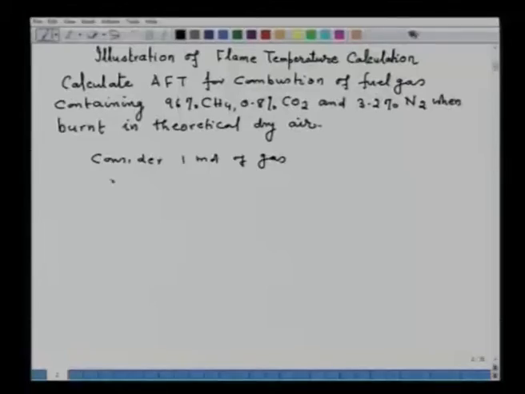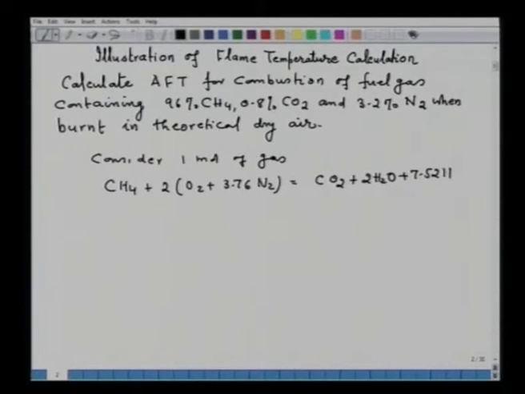Now in order to do material balance, we write down the combustion reaction, which is CH4 plus 2 O2 plus 3.76 N2, as this is the composition of air, that is equal to CO2 plus 2H2O plus 7.52 nitrogen. This is the basic chemical reaction or combustion reaction which will be occurring when this fuel is burned with theoretical amount of air.